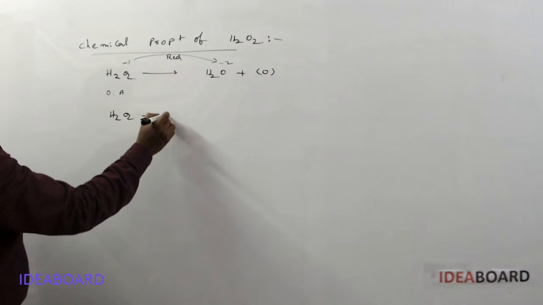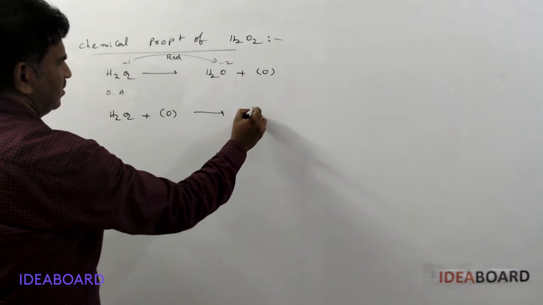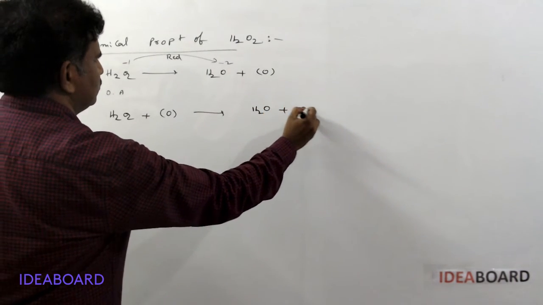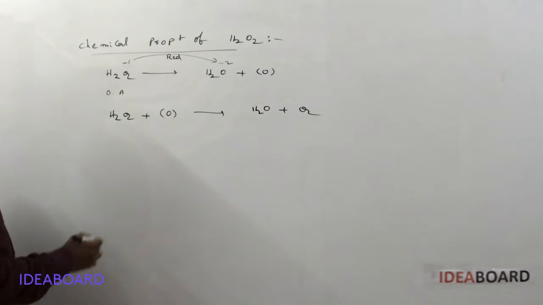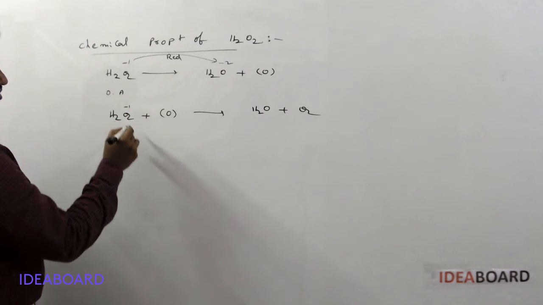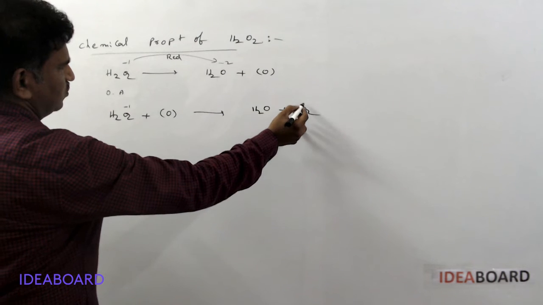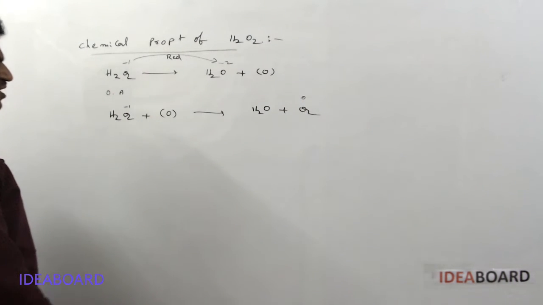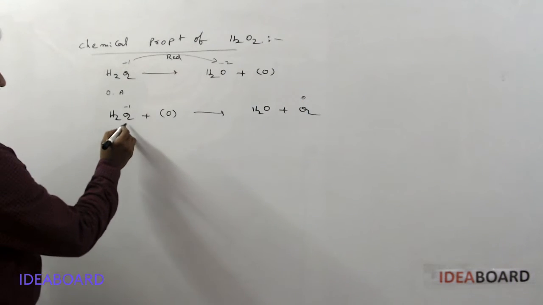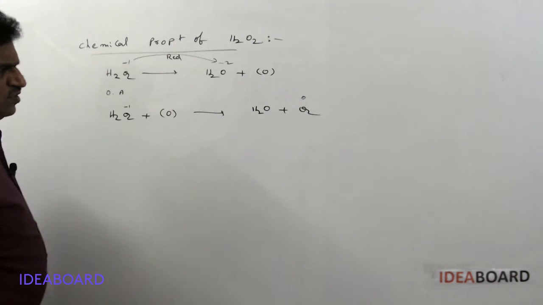Similarly, H2O2 takes up oxygen, converting into H2O and O2. Here it is -1, and in O2 it is 0. So -1 is converting into 0.